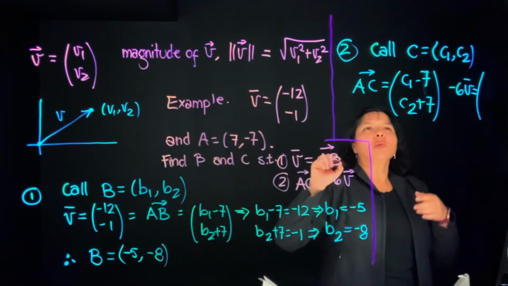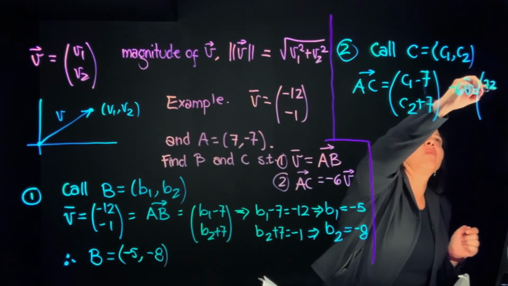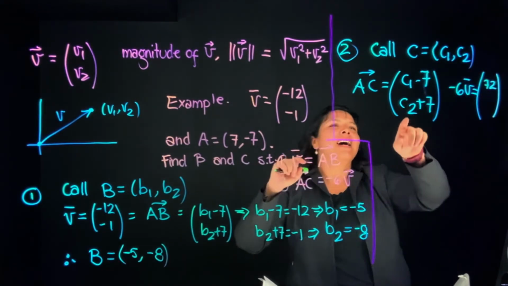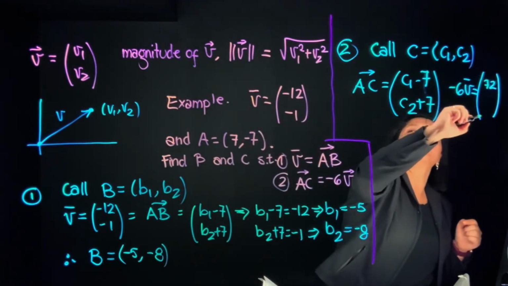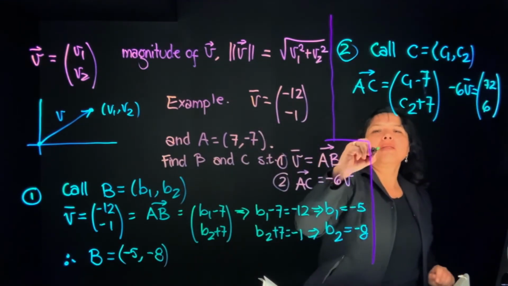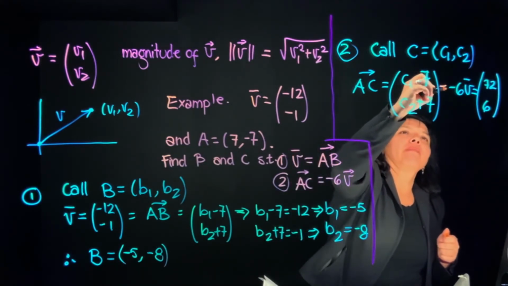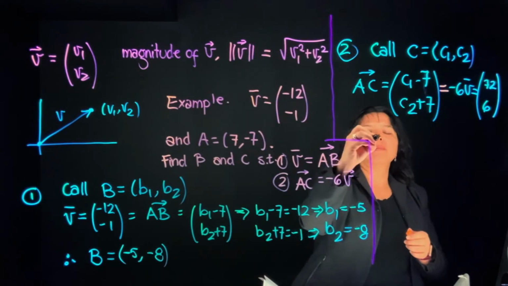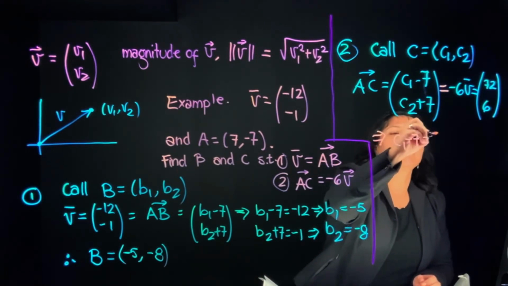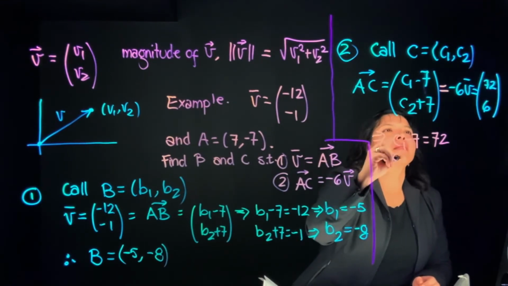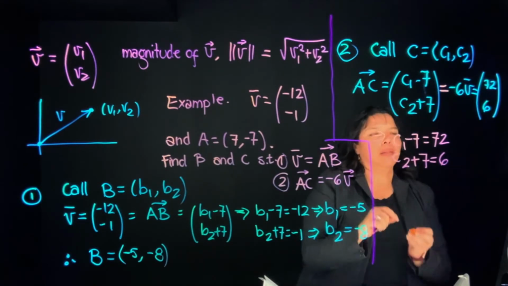B is negative 12, so positive 72. And negative 6 times negative 1, so that's positive 6. So if I set them equal to each other, what I got is that C1 minus 7 is 72, and C2 plus 7 has to be equal to 6.